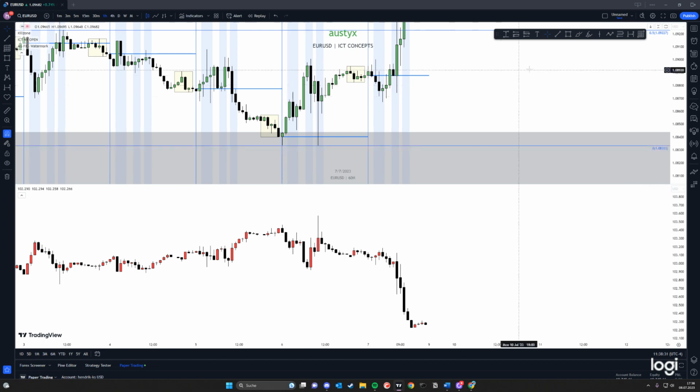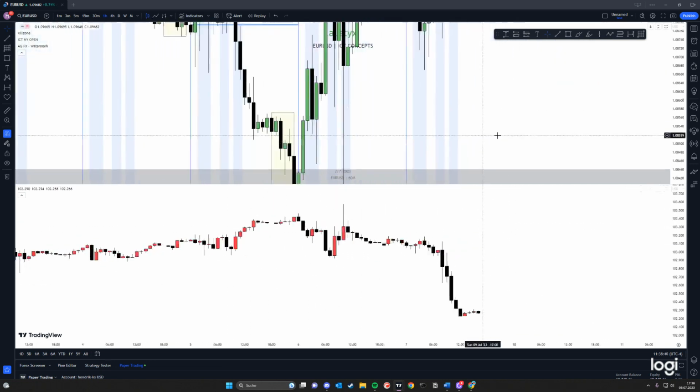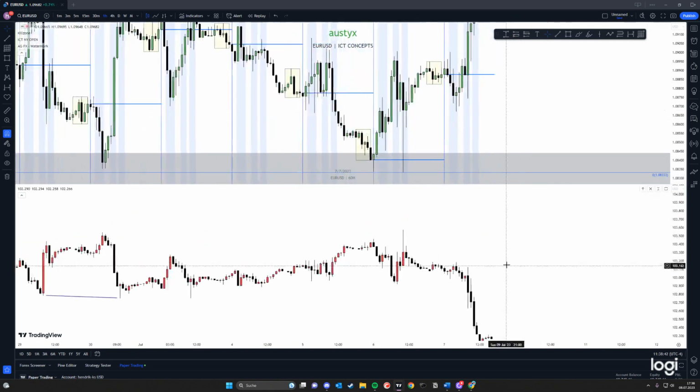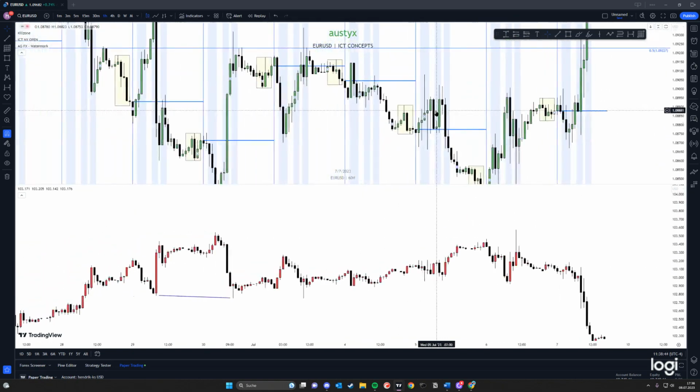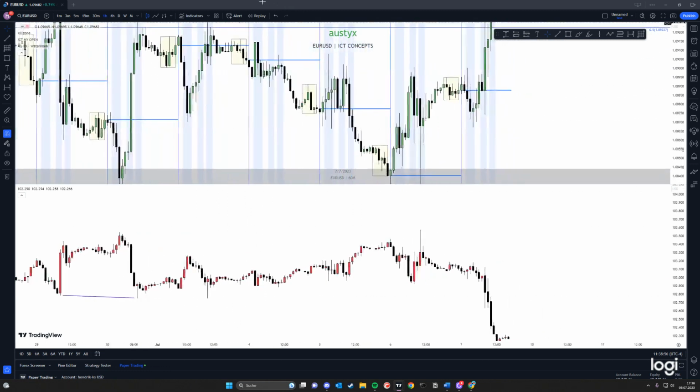You can see the wick of the one candle. It was close to being an SMT, but I'm not going to count this one. Otherwise, those are again equal lows here on the DXY and it broke above. So this is also close.